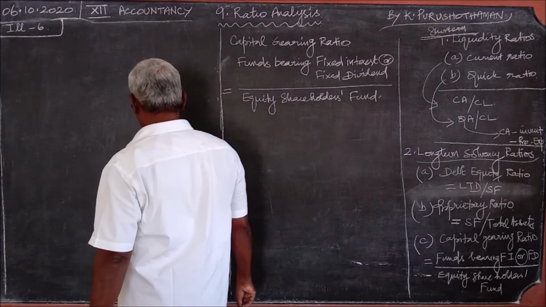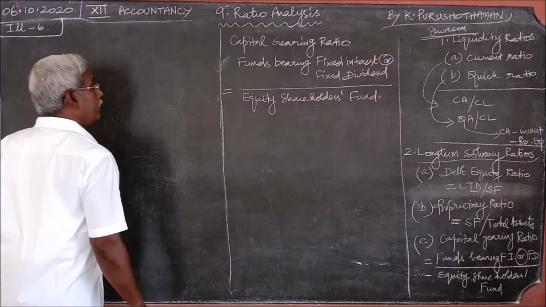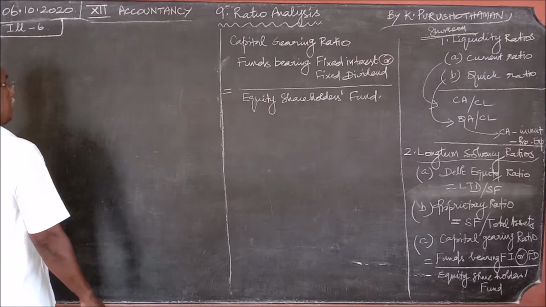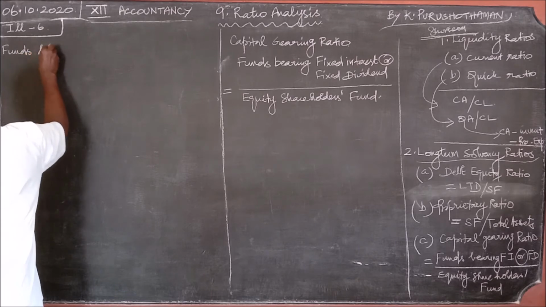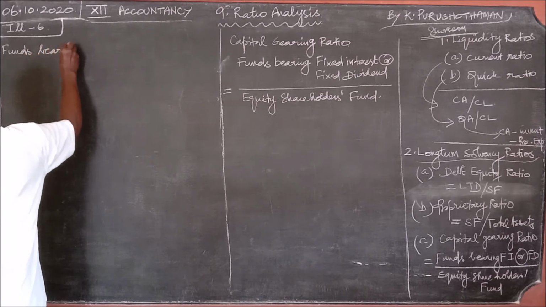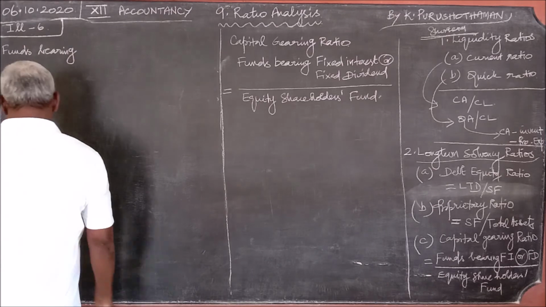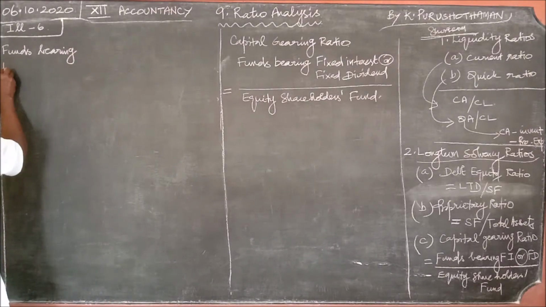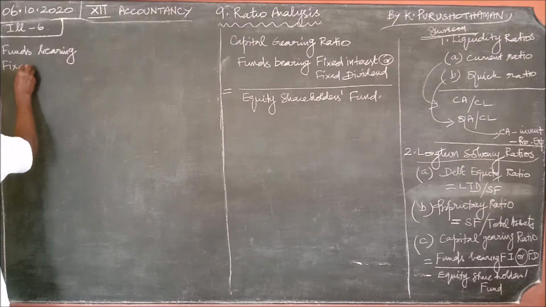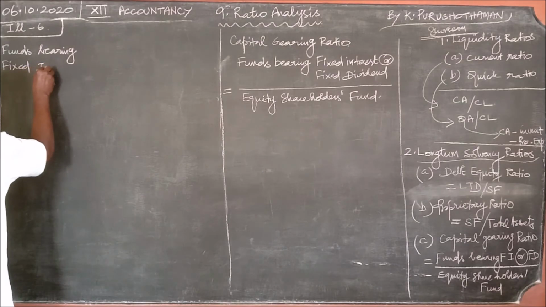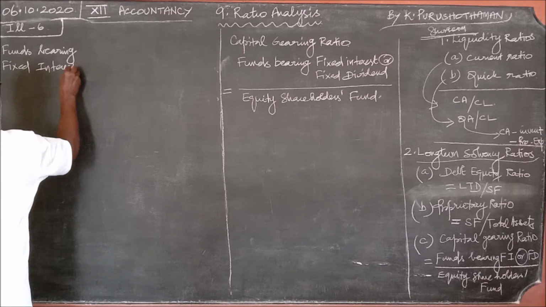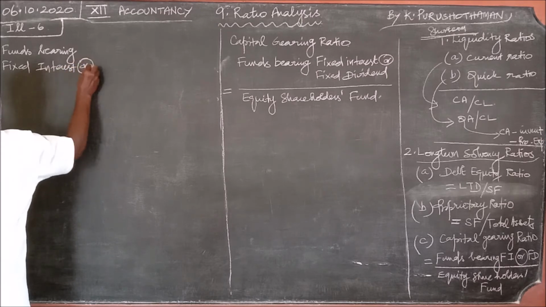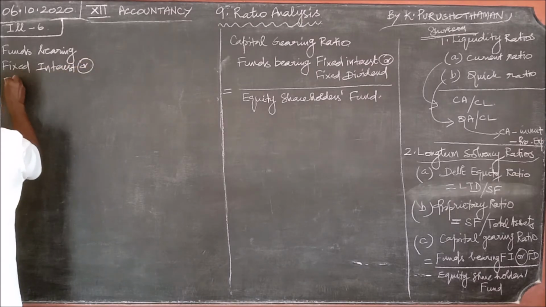So we must find first the numerator and the denominator. That is the numerator, funds bearing fixed interest or fixed dividend.